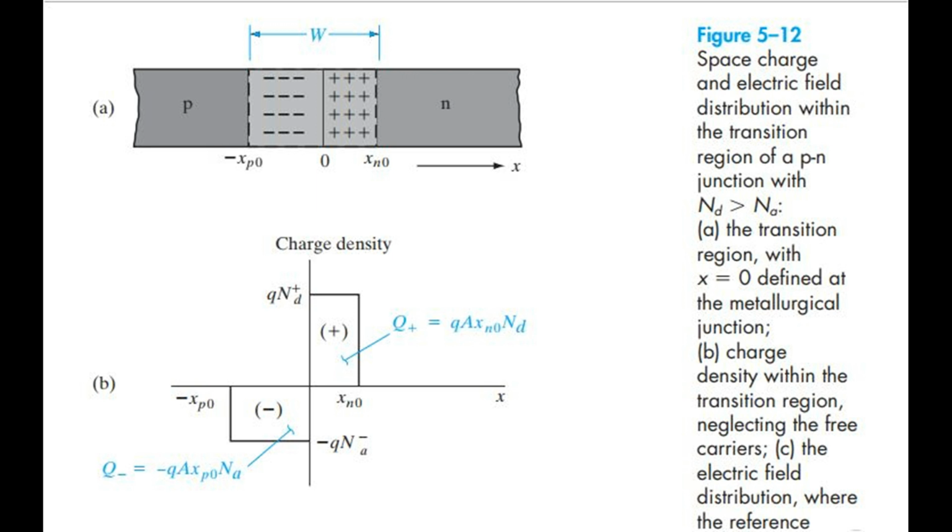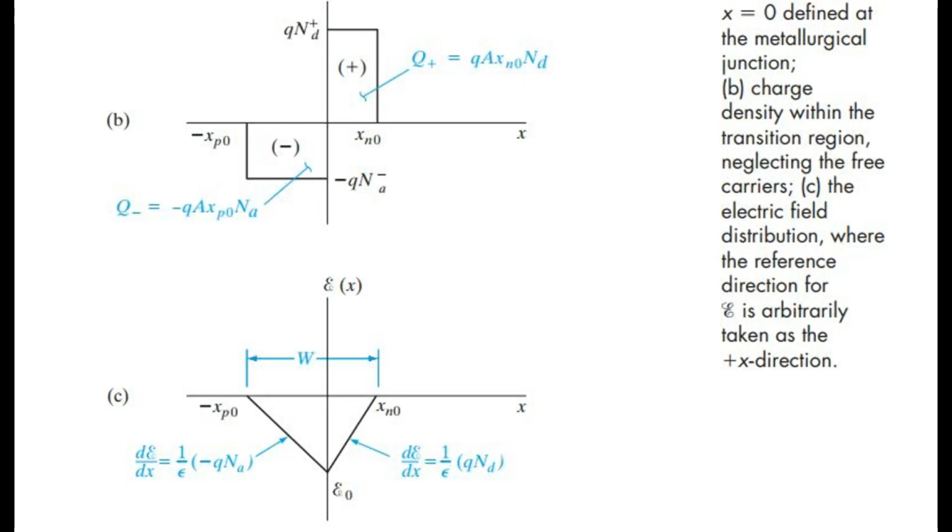Since the dipole about the junction must have an equal number of charges on either side, the transition region may extend into the p and n regions unequally, depending on the relative doping of the two sides. For example, if the p side is more lightly doped than the n side, N_a less than N_d, the space charge region must extend farther into the p material than into the n, to uncover an equivalent amount of charge.